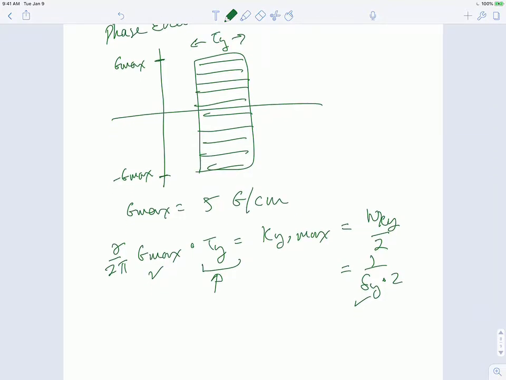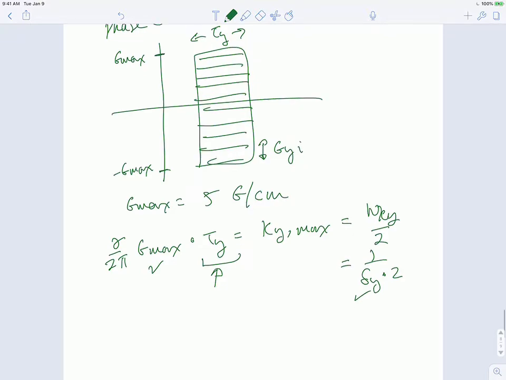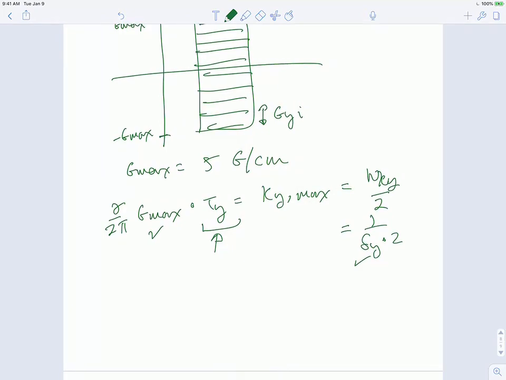And then the only other thing you would have to design for the readout gradient is this incremental gradient, GYI. Okay? The easiest way to solve that, there's a couple ways of doing it, let's do both of them. Delta ky is equal to gamma over 2 pi times GYI times tau sub y, which you solve for here, right?